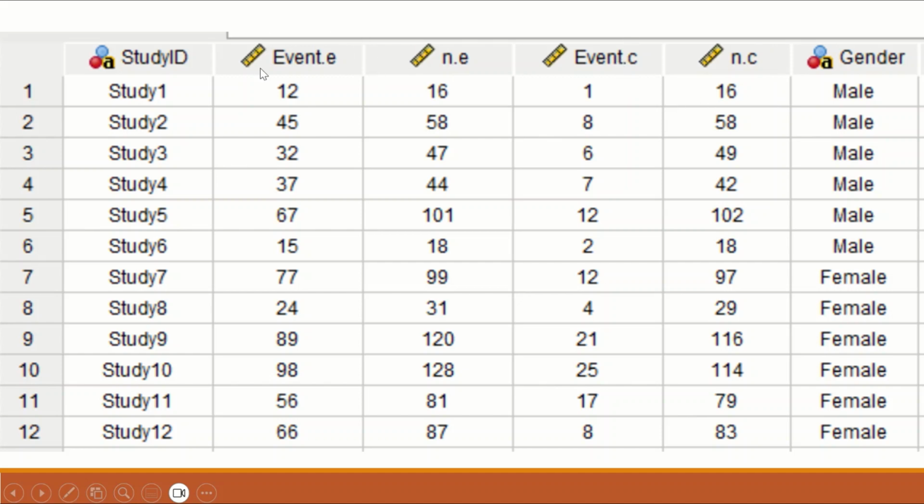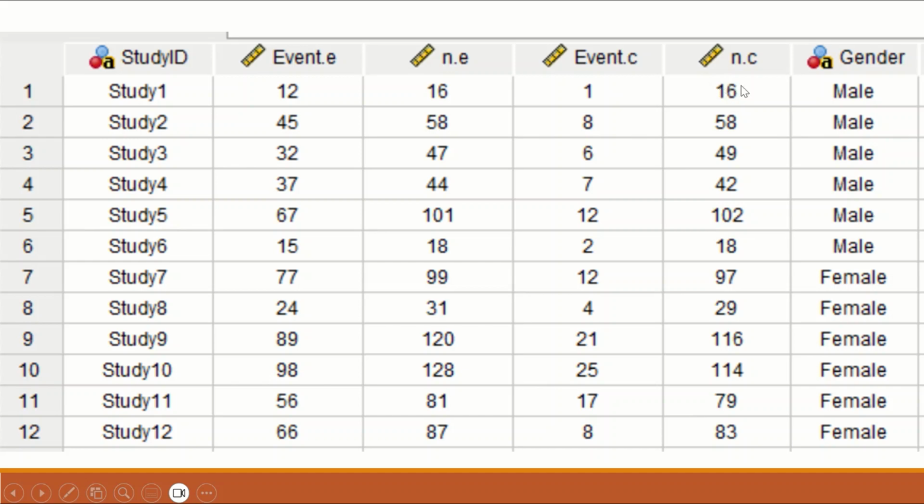In the experimental group, the event is counted and inserted here, and the total number of participants in that group is also included, and the events occurring in the control group are also recorded with the total number of participants in that control group.